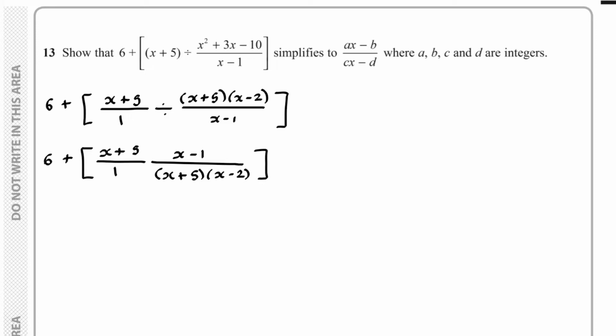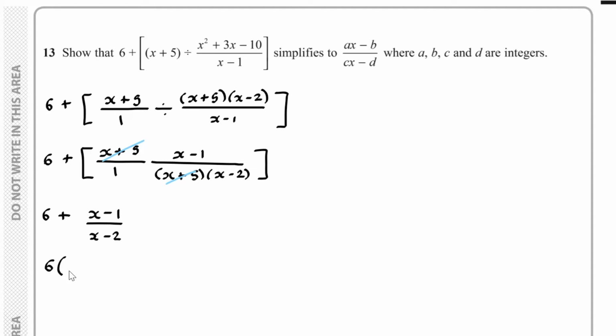And at this point, hopefully you can see the x plus 5s cancel on the top and the bottom. So we are left with 6 plus x minus 1 over x minus 2. And to combine these, we can write these over a common denominator.